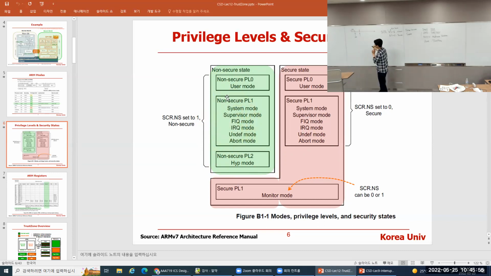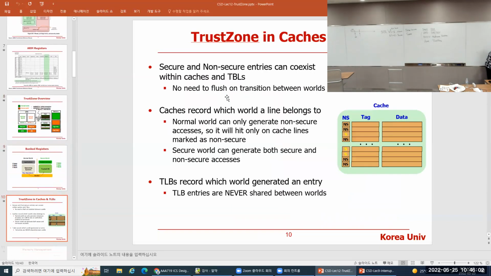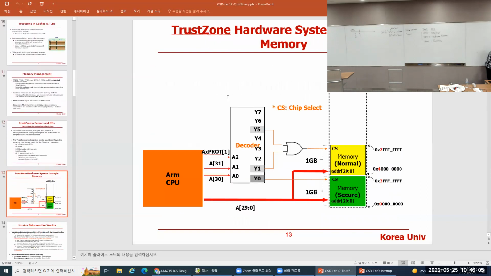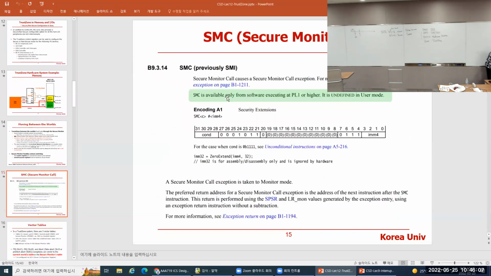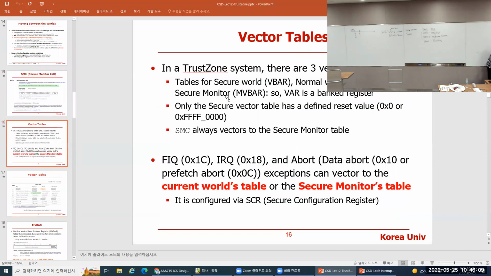That means, I'm going to go back and forth. Let's read this vector table first. This one. Q1, please. In a TrustZone system, you are seeing the vector table, the normal world and the secure world.